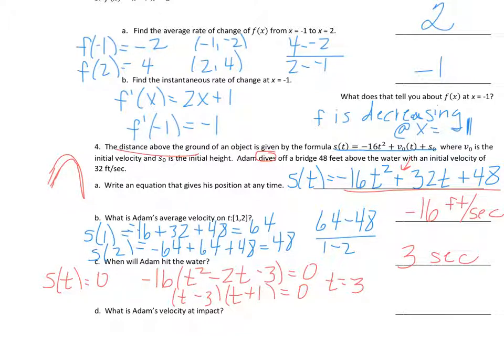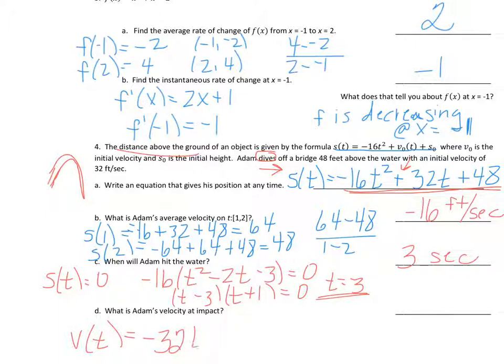What is Adam's velocity at impact? So isn't that asking for his instantaneous velocity at 3? Velocity is the derivative of position. So if I have a position equation and want a velocity equation, I am going to take the derivative. I'm just going to do power rule on this one.